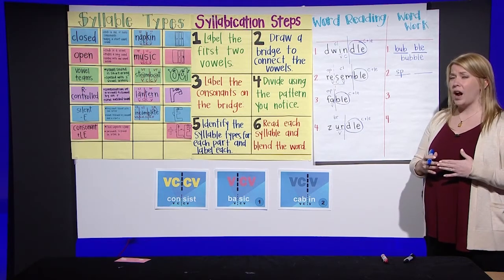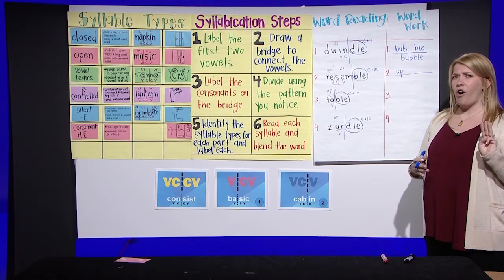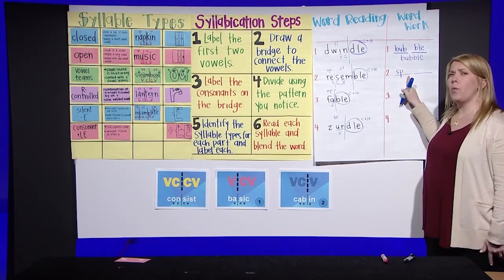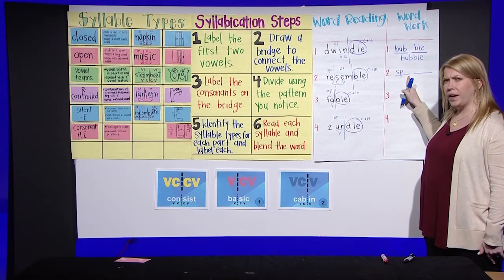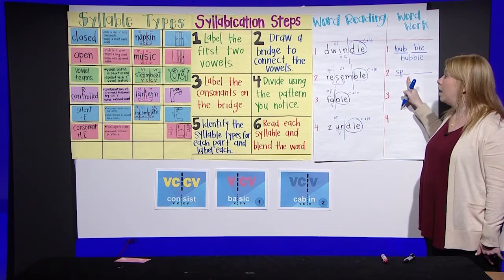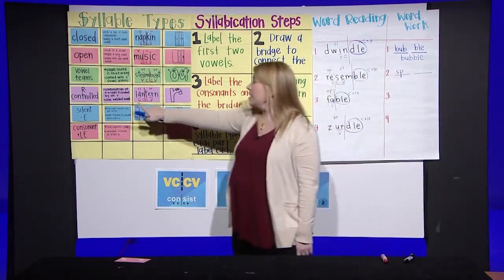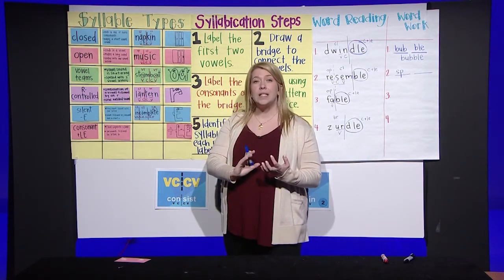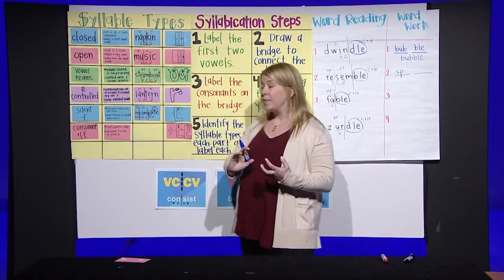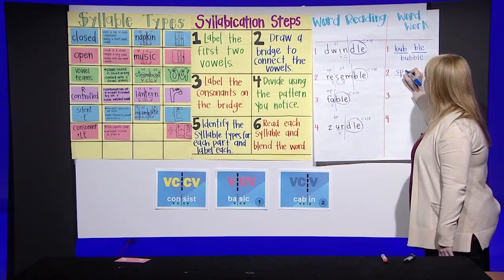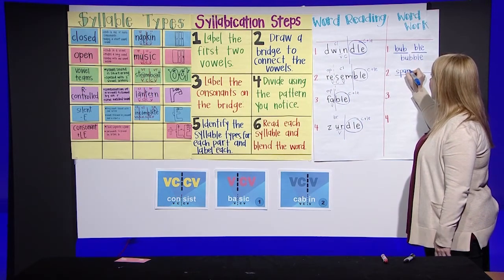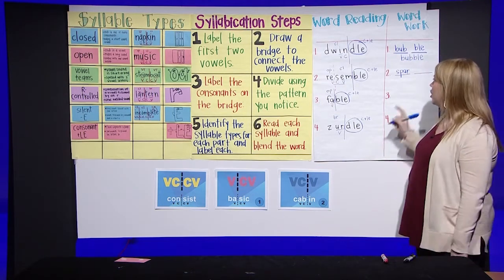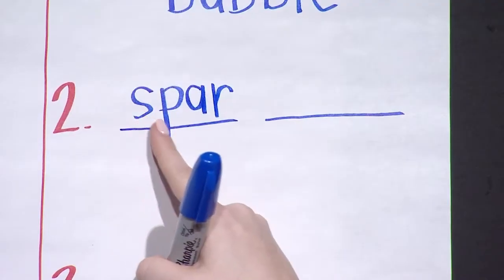Because that's kind of what I heard. S-p-r. Right, we have to have a vowel right here. So what might we put there? Very good. If we go back to our R controls, remember that R sometimes controls the sound that the vowel makes. And we know that AR together makes the R sound. Awesome job. So our first syllable was spar.